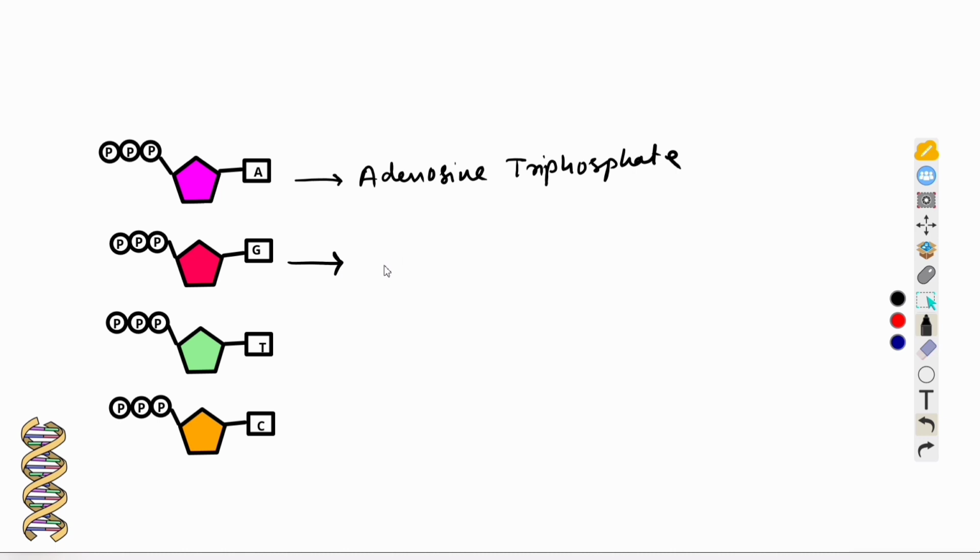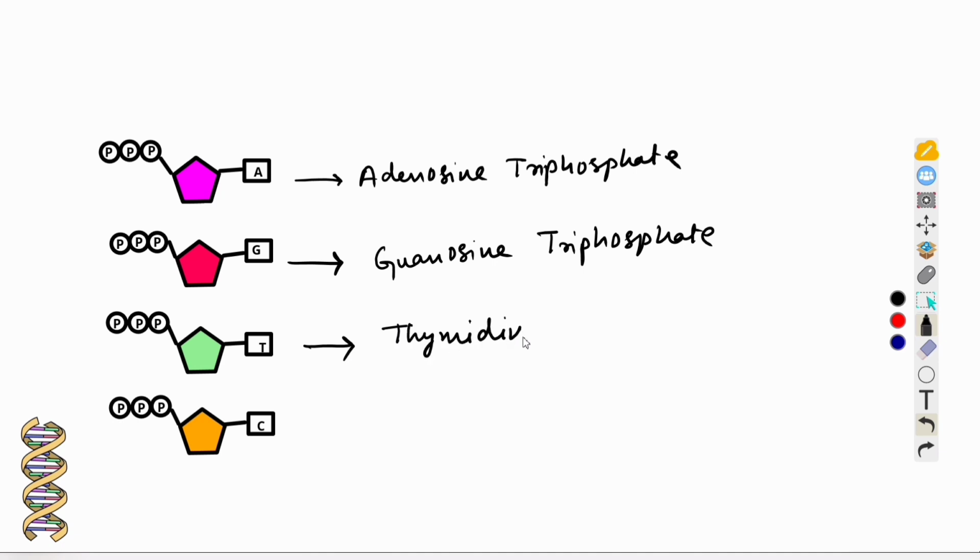Okay, this is known as guanosine triphosphate. This is known as what? Thymidine triphosphate. And this is known as what? Cytidine triphosphate.